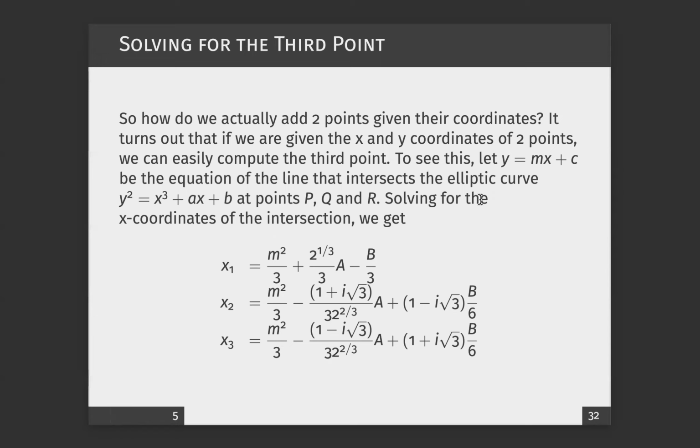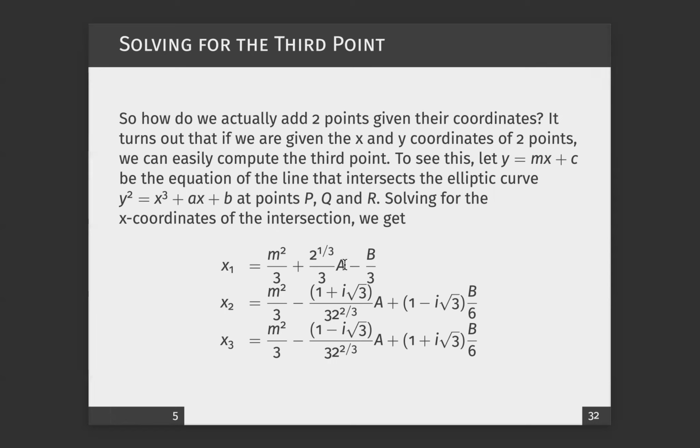If we have a line and we want to compute the intersection of this line with the elliptic curve at points P, Q, and R, then you can solve it. You can, for example, use Mathematica to solve this, and it will give you these coordinates, x1, x2, and x3.